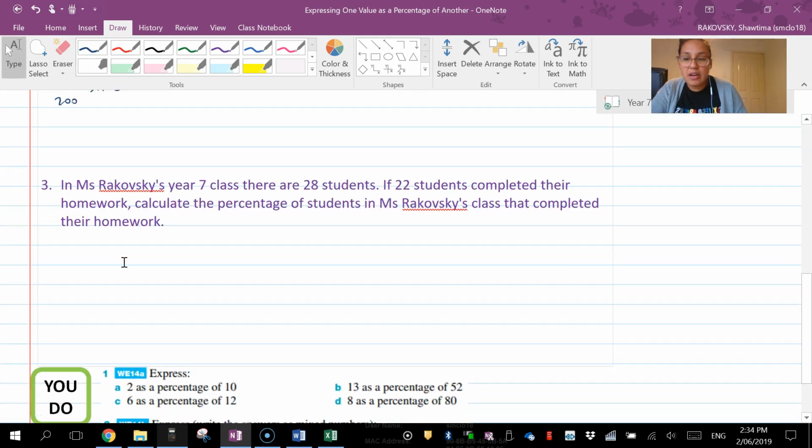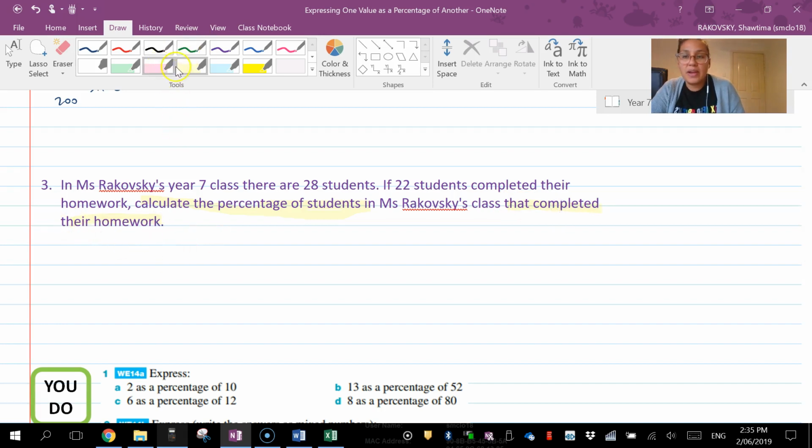Alright, so here we have our word problem. Miss Rakowski, that's me, and Year 7 class, there are 28 students. If 22 students complete their homework, calculate the percentage of students in Miss Rakowski's class that have completed the homework. So the question is asking us to calculate the percentage of students that completed homework.